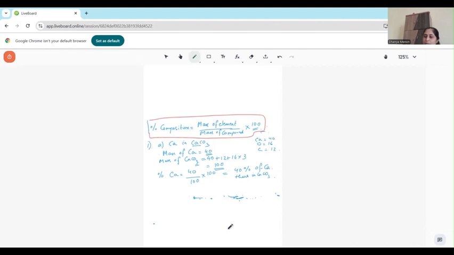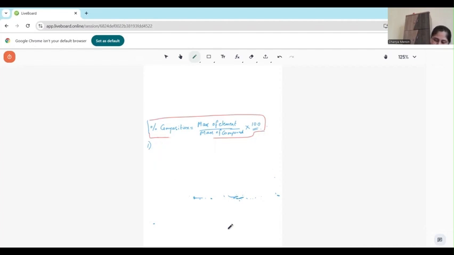Let's do another example. Second one is hydrogen in sulfuric acid.